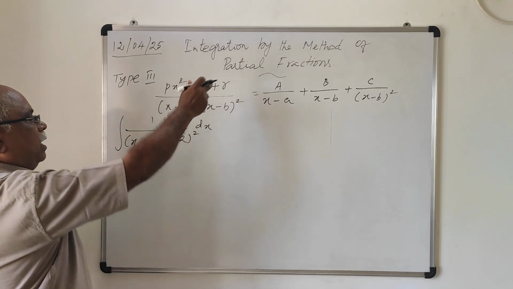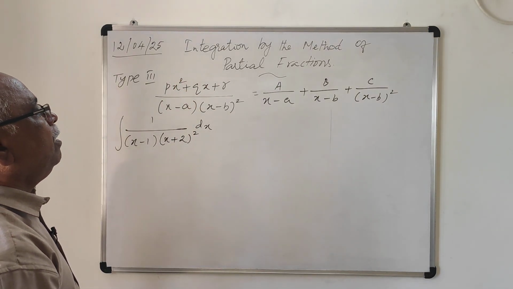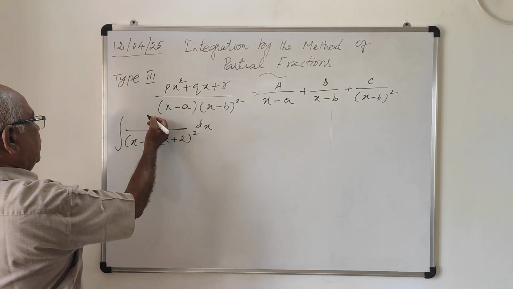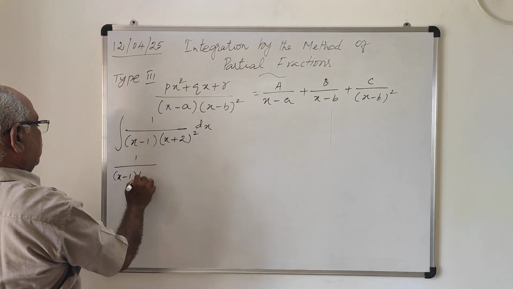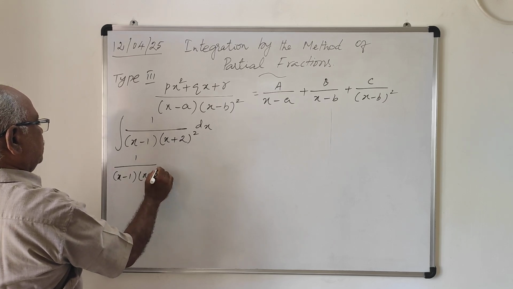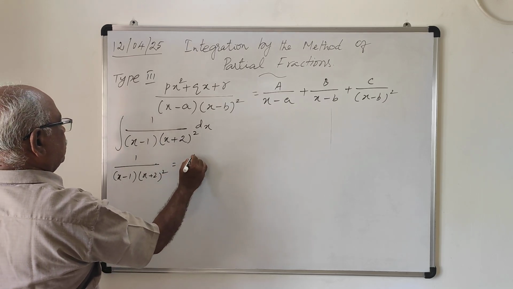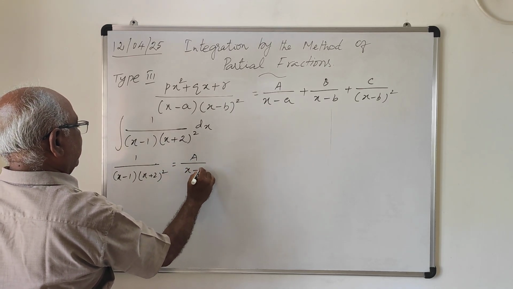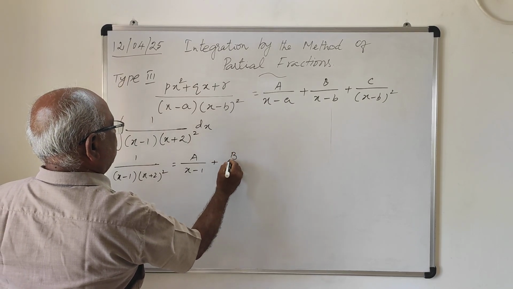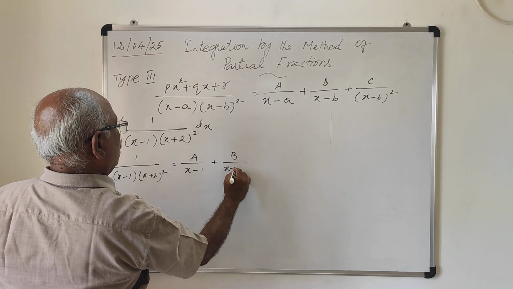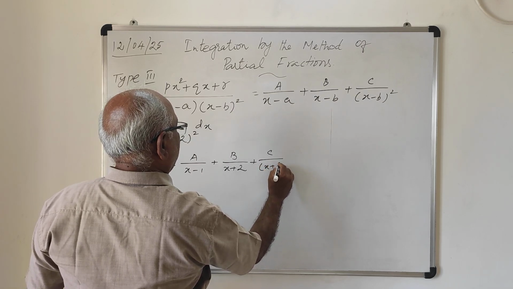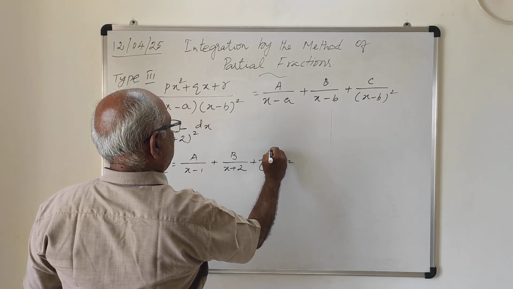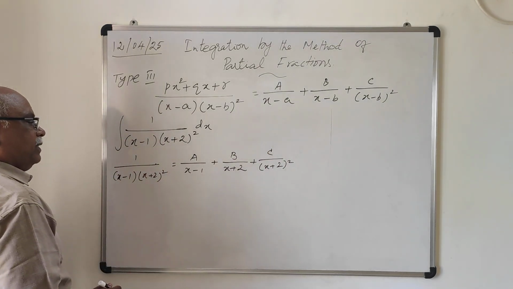It can be split using this idea of the type 3 problem. The numerator is just a constant: 1 by (x−1)(x+2) whole square equals A by (x−1) plus B by (x+2) plus C by (x+2) whole square. Like that, you have to split into partial fractions.